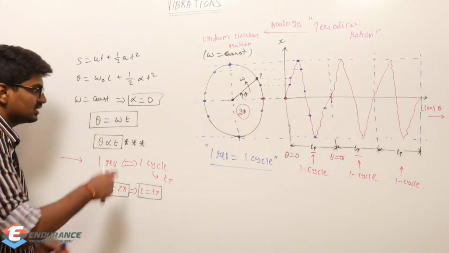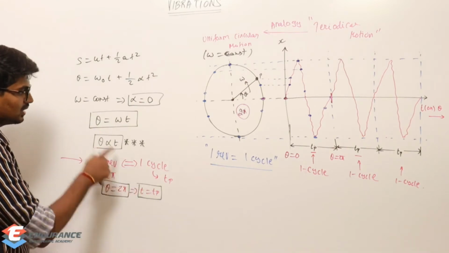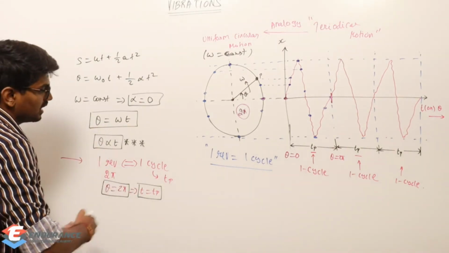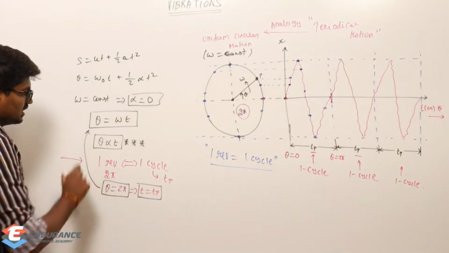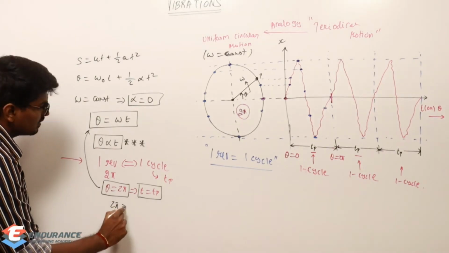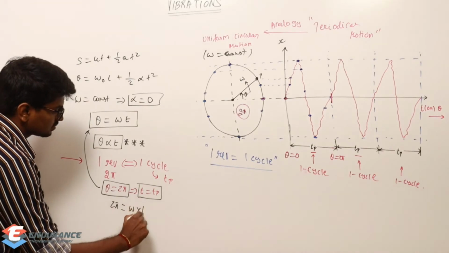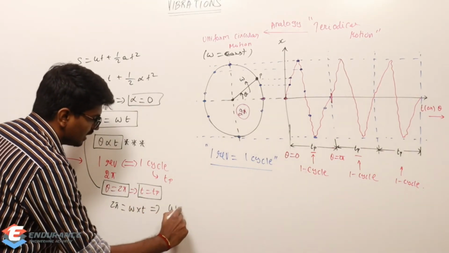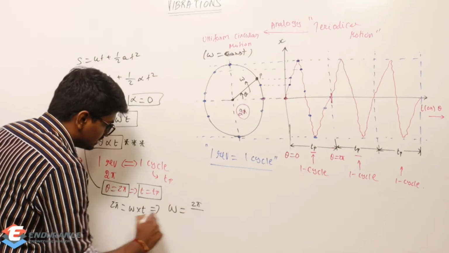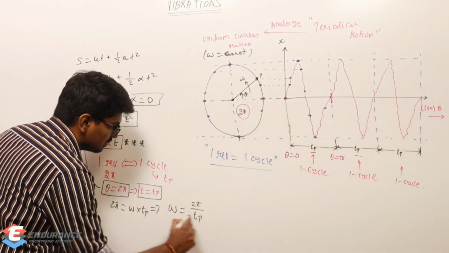So in place of this t, I can substitute Tp. In place of this theta, I can substitute 2 pi. If I do substitute it here, 2 pi will be equal to omega into Tp, and this will give me omega is equal to 2 pi by Tp.